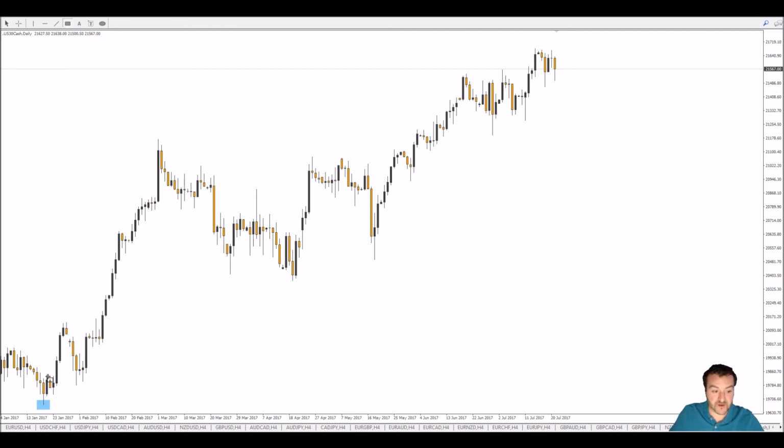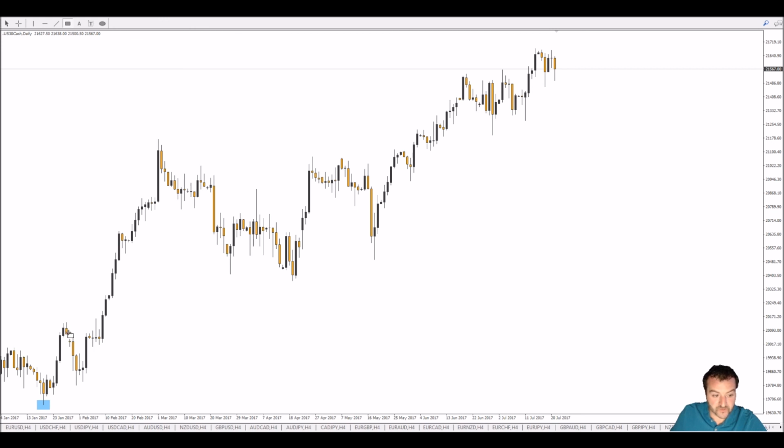We have here an up candle, then an inside candle, so we assume that markets are going further into the upside. Then an outside candle follows, so we still have no valid reversal spotted. Also an outside candle, which is characterized by a higher high and a lower low. And then we have again an up candle, another up candle, another up candle.